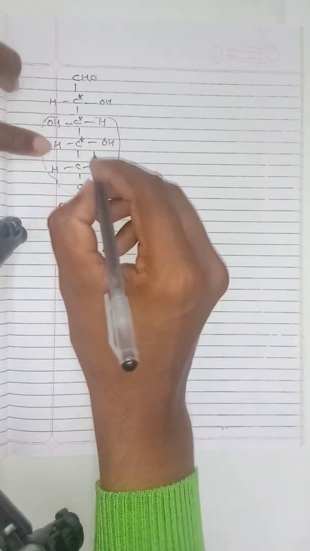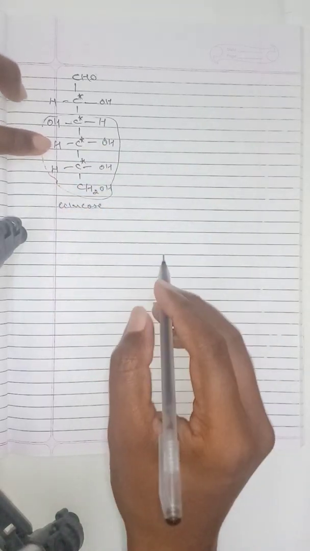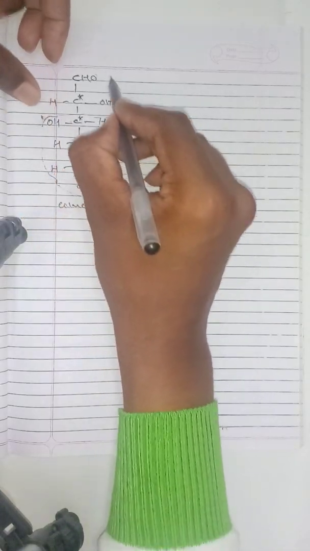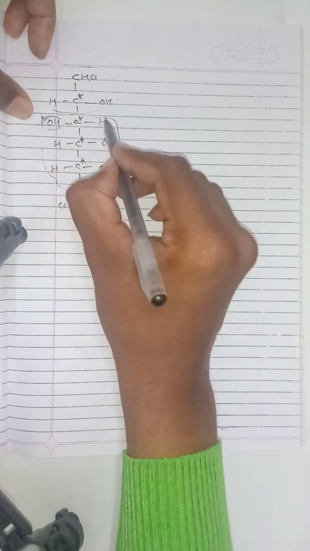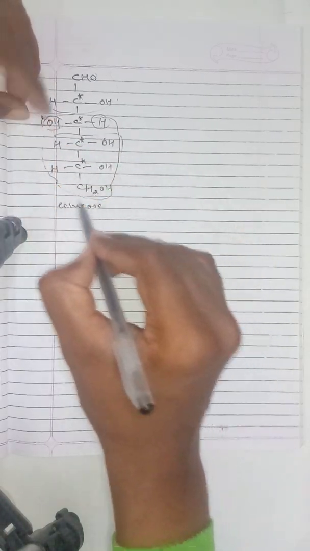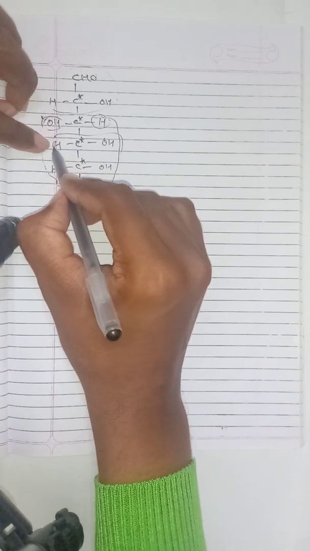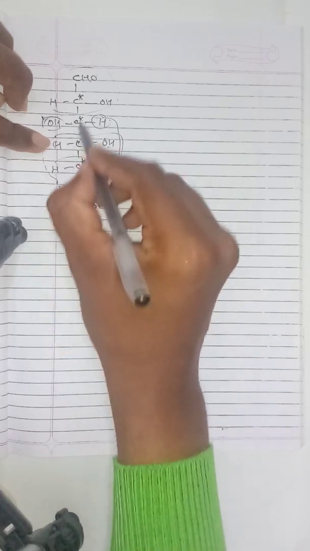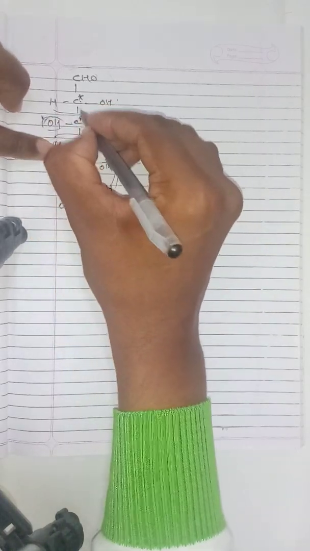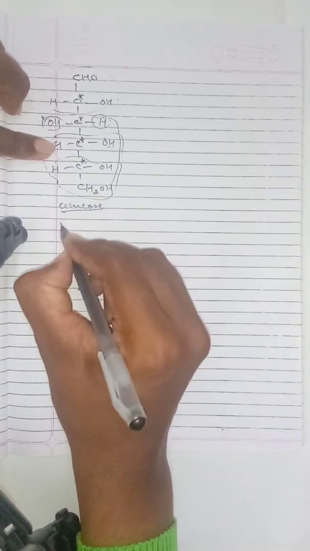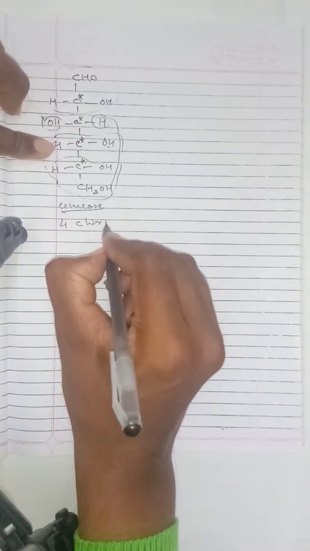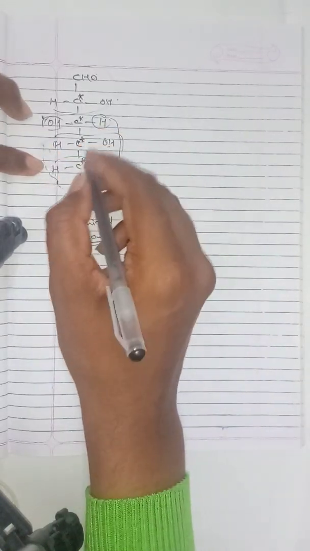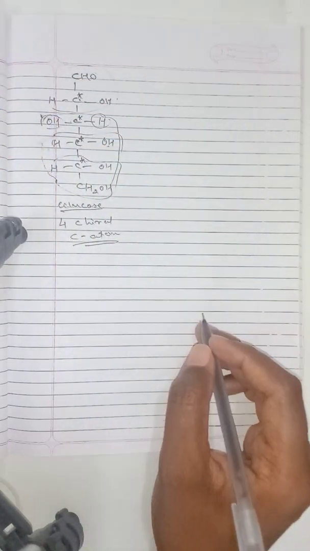Here this carbon is attached to hydrogen on the right side, OH, and the rest of the structure. So 1 2 3 4: glucose has 4 chiral carbon atoms, indicated by an asterisk sign.